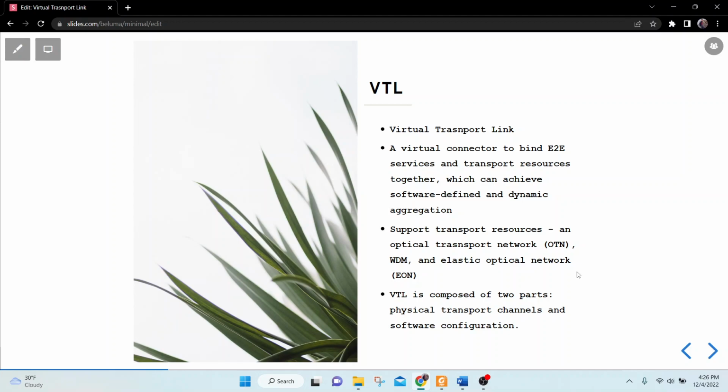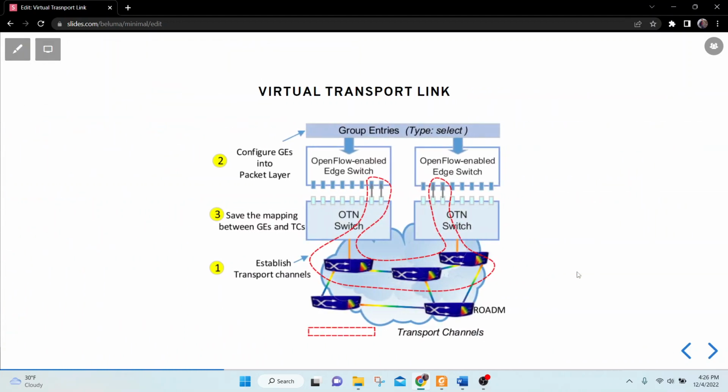VTL is composed of two parts: physical transport channel and software configuration. You can see in this virtual transport link topology. First, they establish a transport channel based on the optical network.